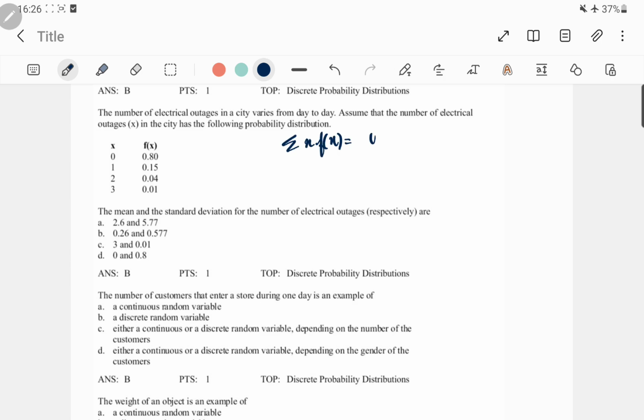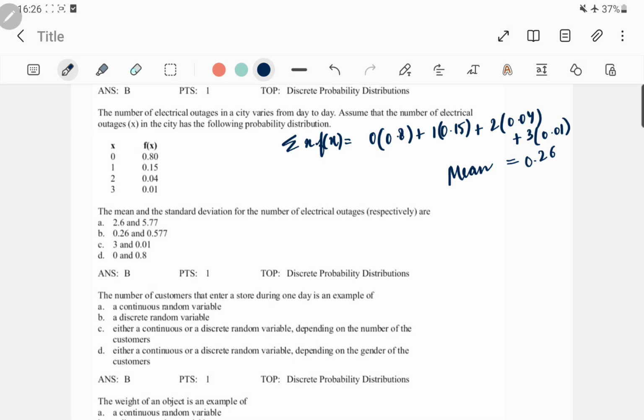If we expand this, we get 0 into 0.8 plus 1 into 0.15 plus 2 into 0.04 plus 3 into 0.01. If we solve this, we will get the value as 0.26. Okay. So this is your mean.